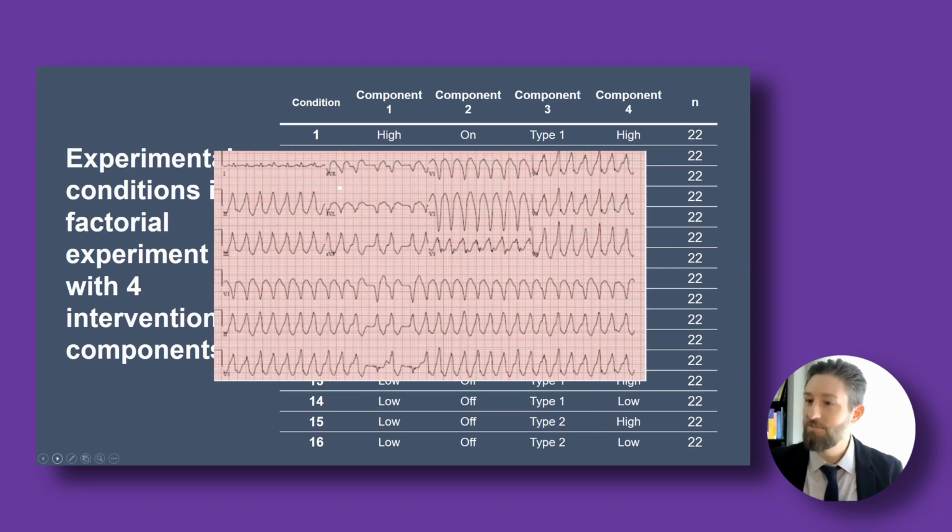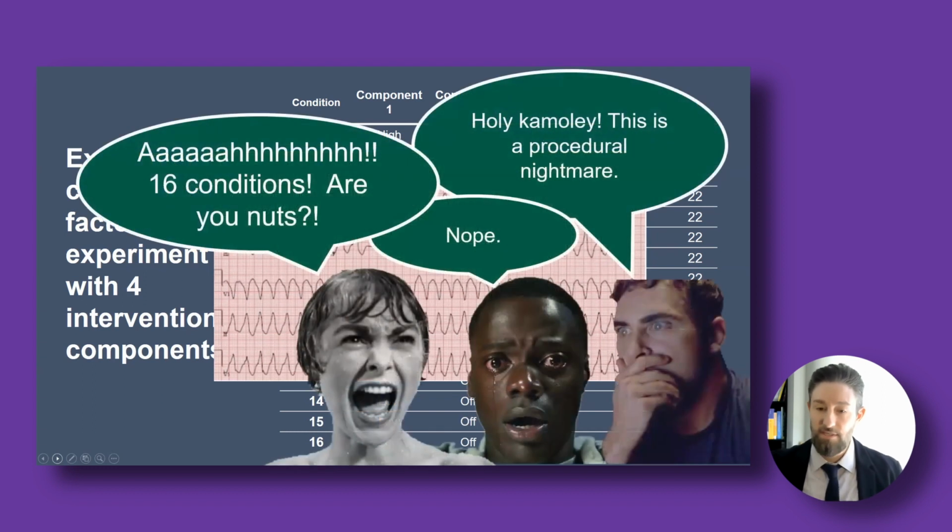For those of you not familiar with an EKG, this is someone who's basically having a cardiac arrest. This is what that looks like on paper. They have a lot of reservation about a trial that looks infinitely more complex than a traditional two-arm RCT, which more people are familiar with.